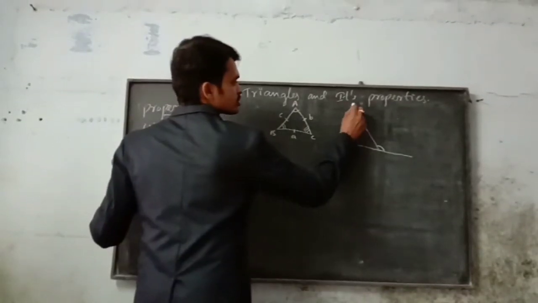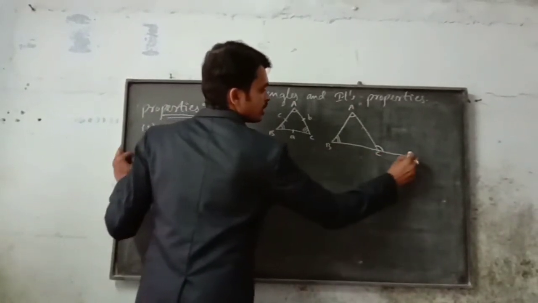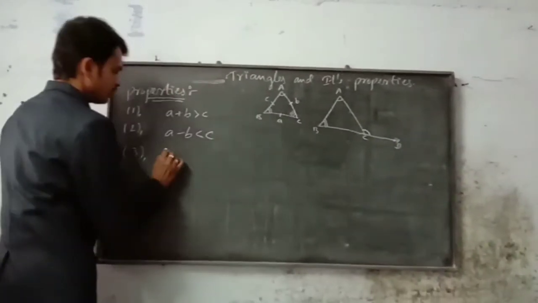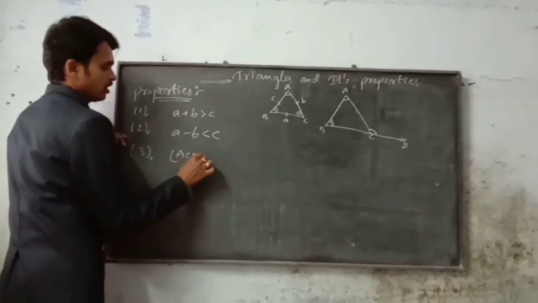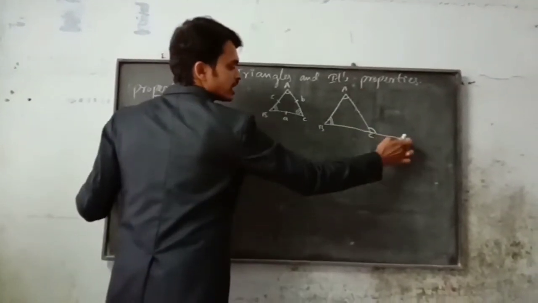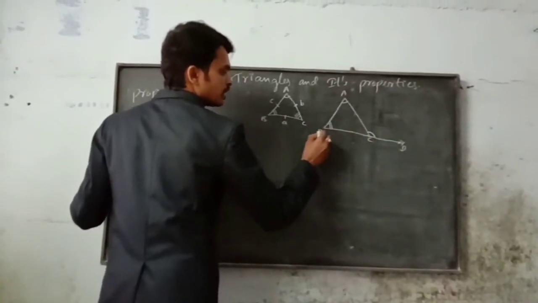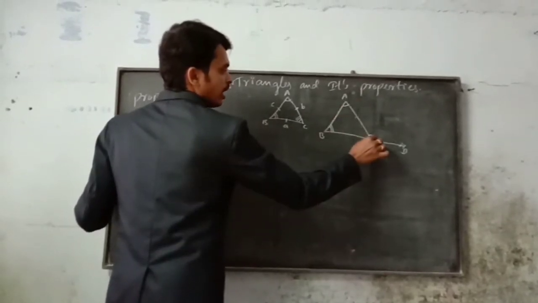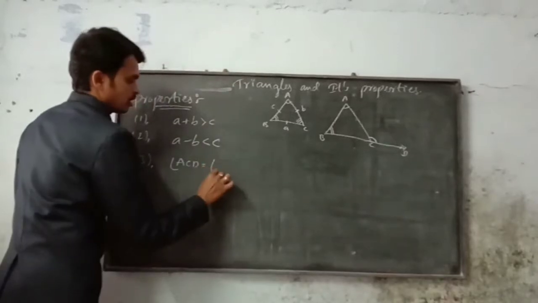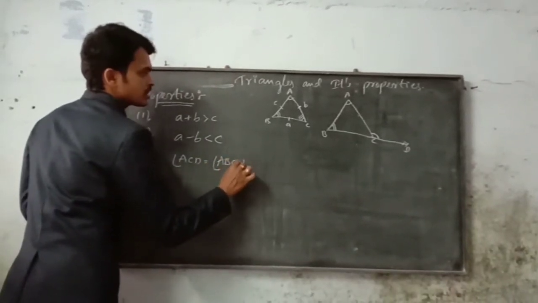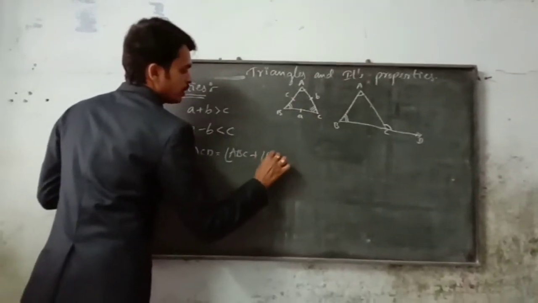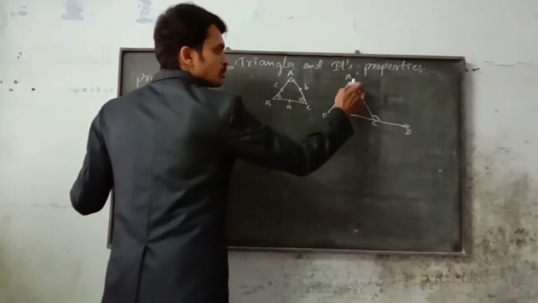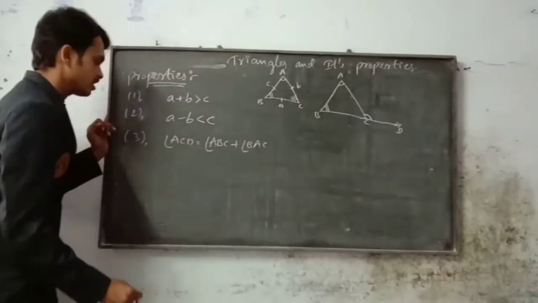For example, this is triangle ABC extended to D. Here the exterior angle ACD is equal to the sum of the two opposite interior angles, angle ABC and angle BAC.